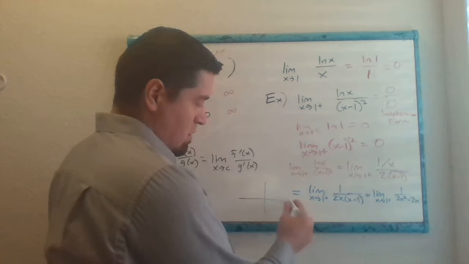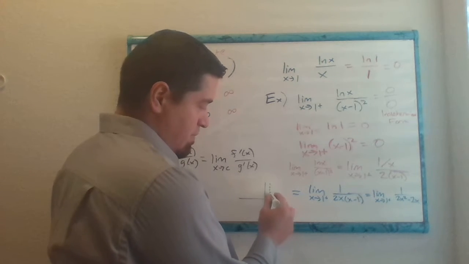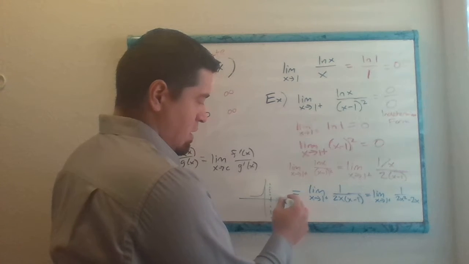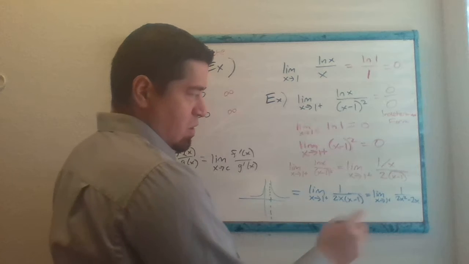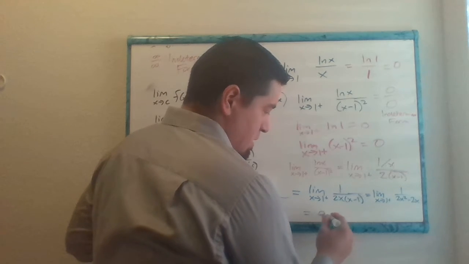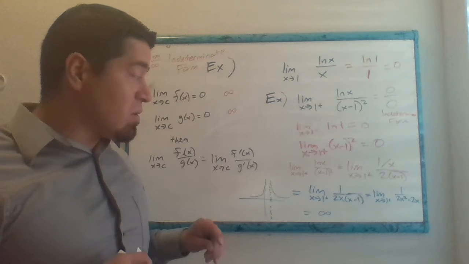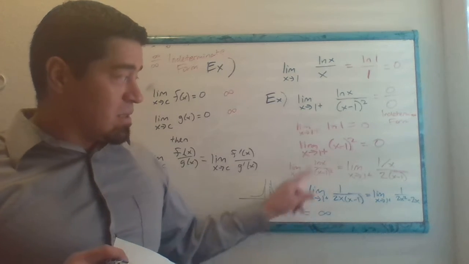And here's something of what I'm talking about. Here's 1. There's the vertical asymptote. It should look something like that. So from the positive side, we know this limit is infinity.